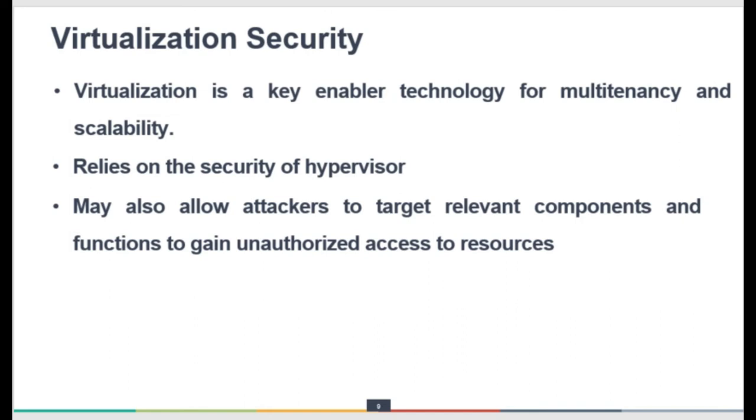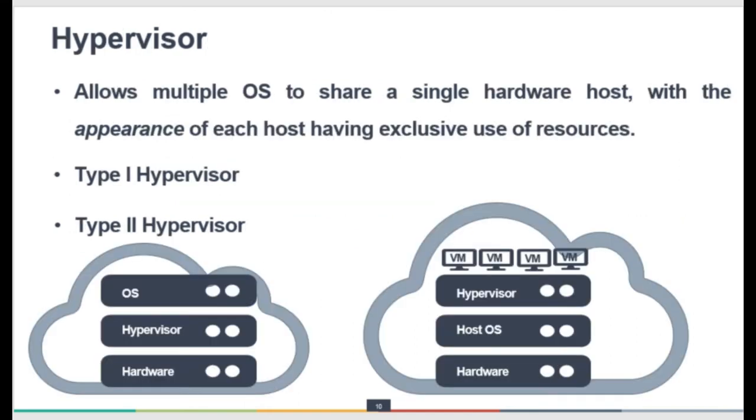In terms of the virtualization stack, we have the underlying hardware, and then we have host OS, then hypervisor, and then there are multiple guest OS which can be installed on top of that. So this allows the multiple OS to share a single hardware host.